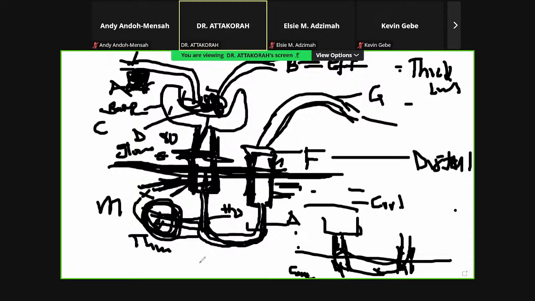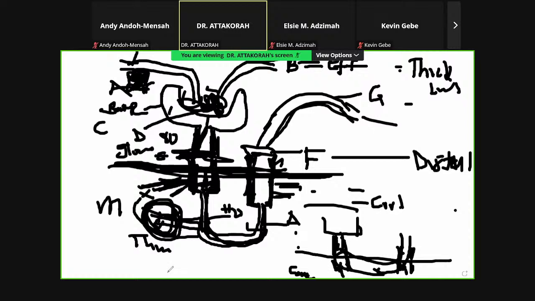Hello, sorry. So what I'm saying is that the thick part here will cause sodium, urea, and glucose to leave into the medulla region. It will make that region more concentrated.